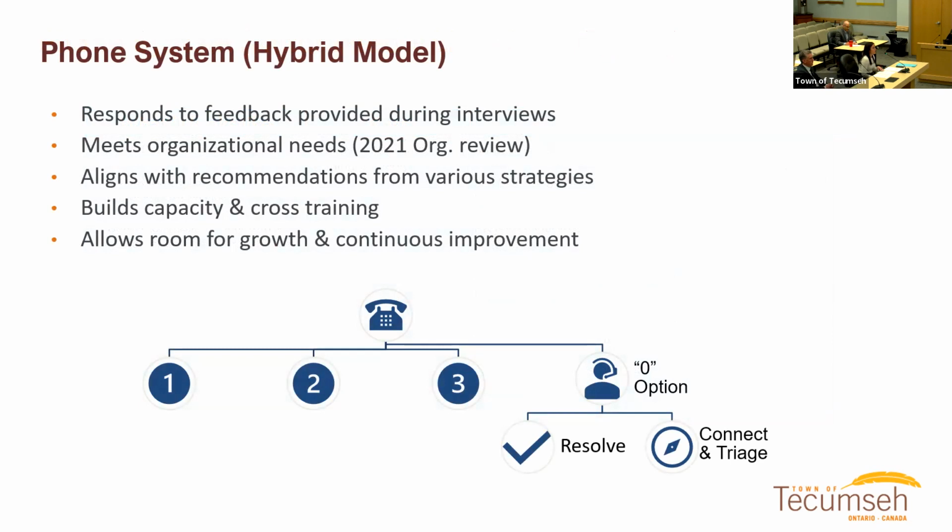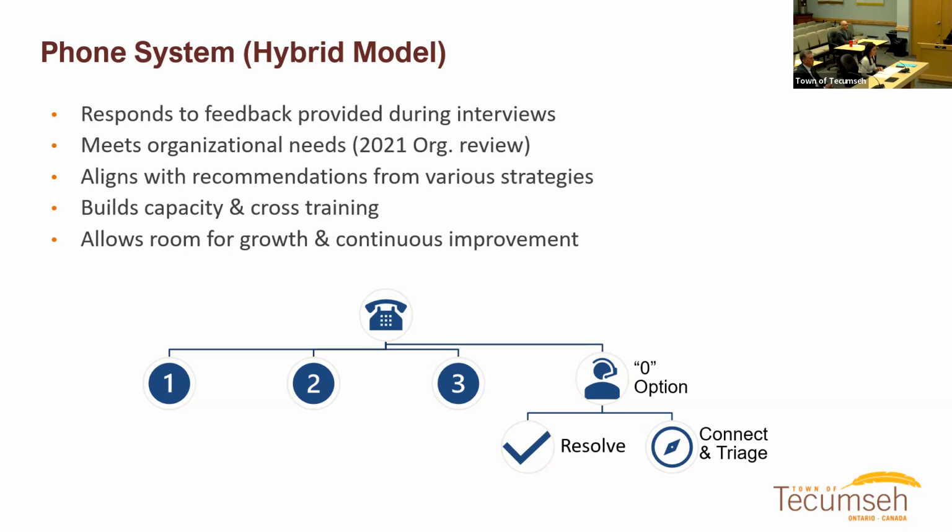So this responds to feedback that was provided during interviews as part of the org review and meets the needs that were identified as part of that review as well. It also aligns with recommendations from various other strategies, builds capacity for cross-training, and allows room for growth and continuous improvement.